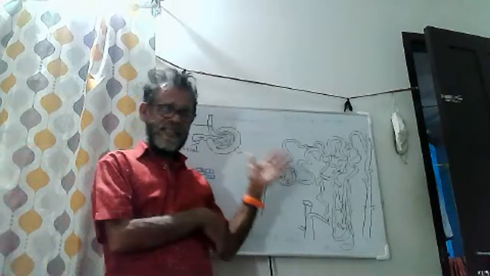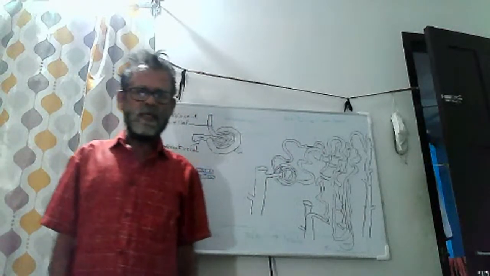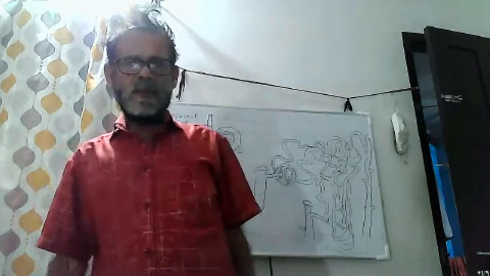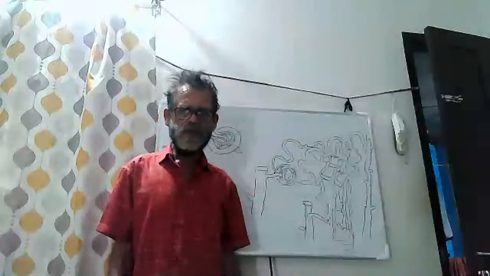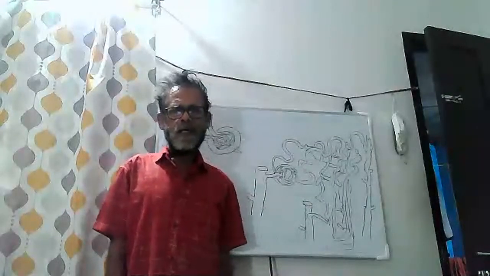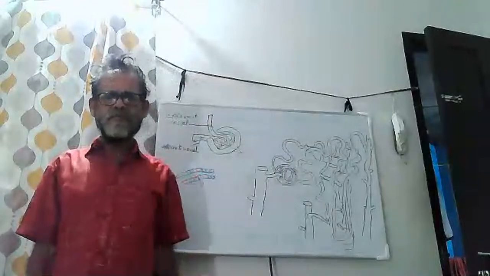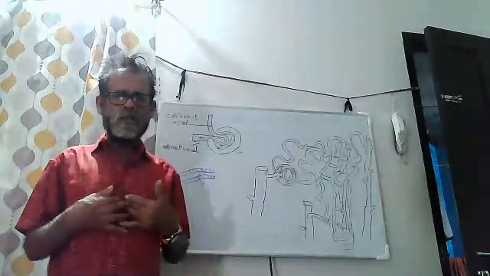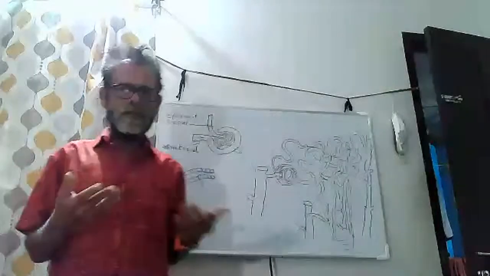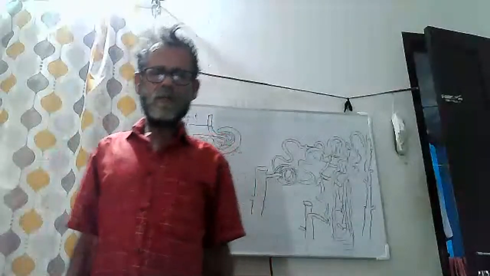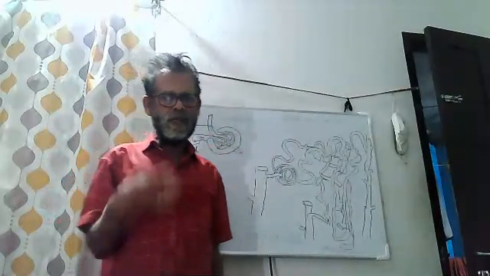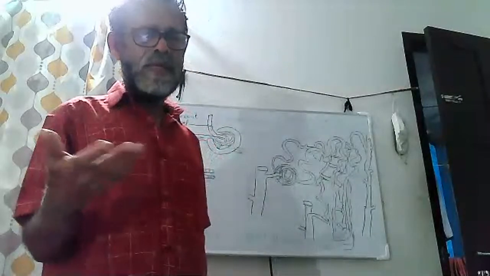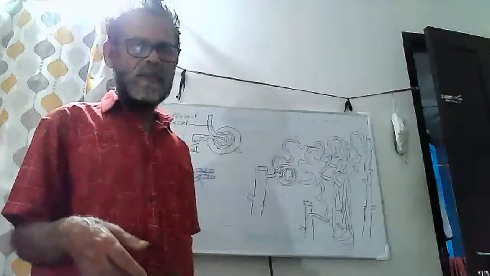And when more thirst is there, it is polydipsia. More water goes out, so he will have more thirst, polydipsia. And the brain is not getting enough glucose, so he will eat more. That is polyphagia. Feeling to eat more is polyphagia. Feeling to drink more water, more thirst, is polydipsia.